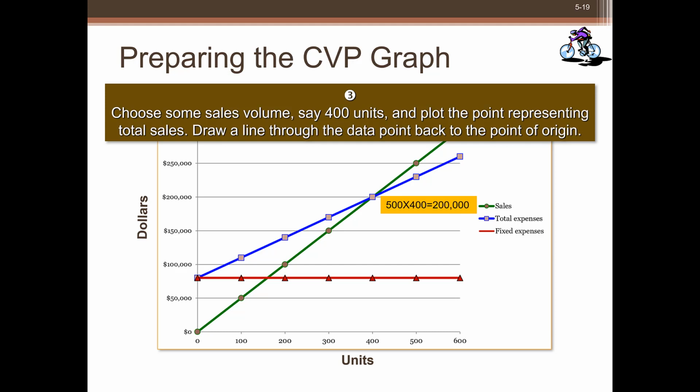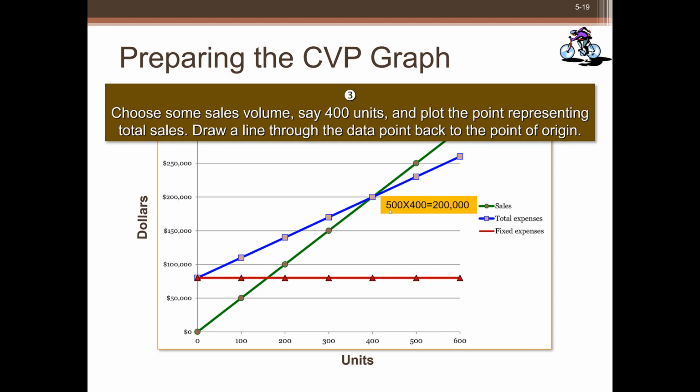$300 is the variable expense per unit. Step 3, we choose the same sales volume of 400 units and plot the point representing total sales. We draw the line through the data point back to the origin. This is the green line, total sales.